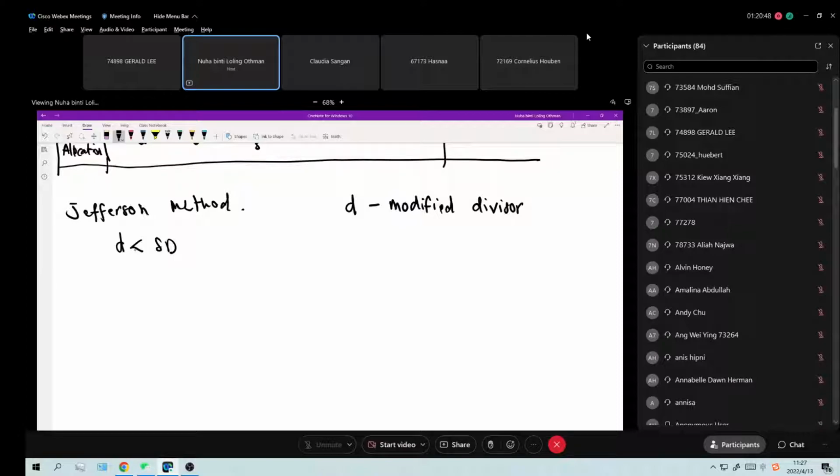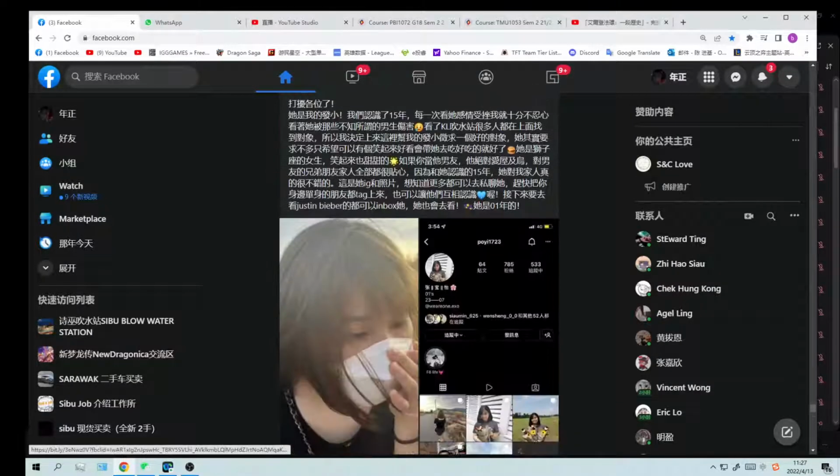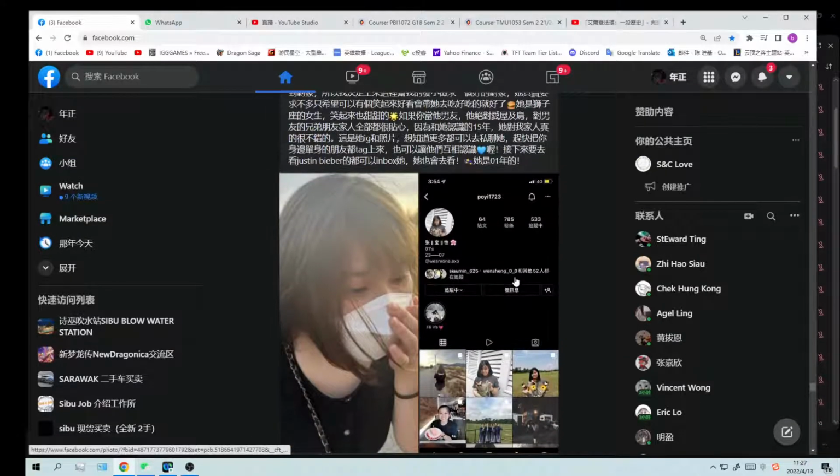If the sum is the same as the number of seats to be apportioned, you are done. If the sum is too large, pick a new modified divisor that is larger than D. If the sum is too small, pick a new modified divisor that is smaller than D, and then repeat the step of dividing each state population.